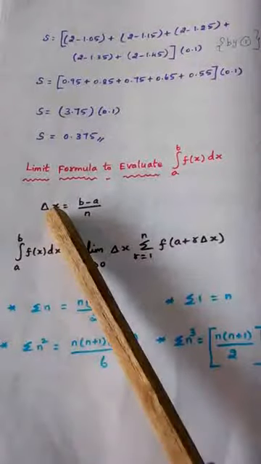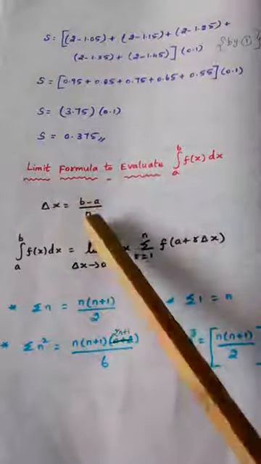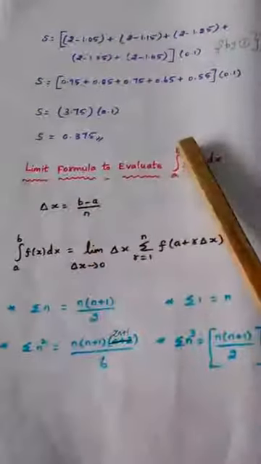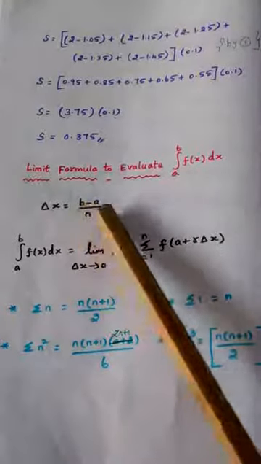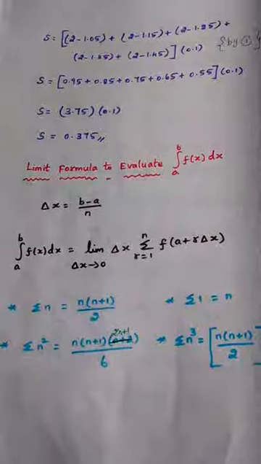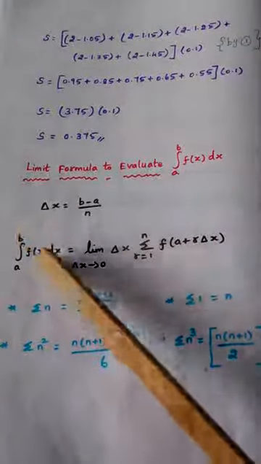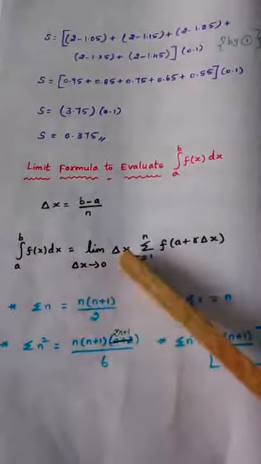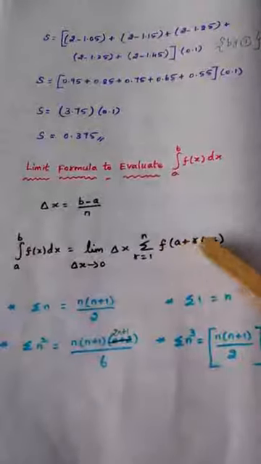Already we have discussed that the formula for delta x is b minus a by n, where a is called the lower limit and b is called the upper limit. So upper limit minus lower limit divided by the number of partitions n. The formula for evaluating the integral a to b f of x dx is given by limit delta x goes to 0 of delta x, sigma r varies from 1 to n, f of a plus r delta x.